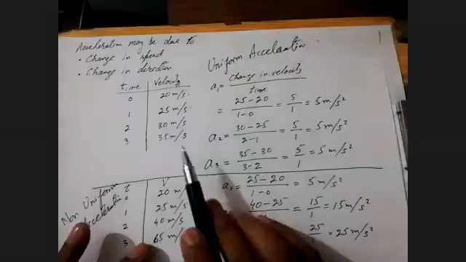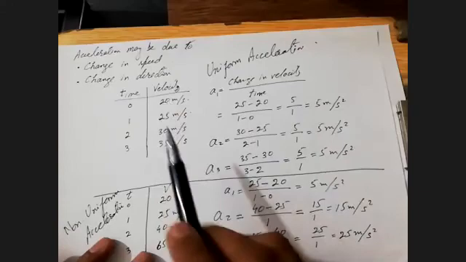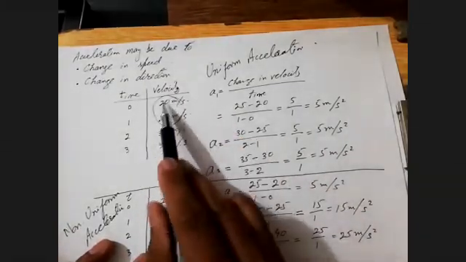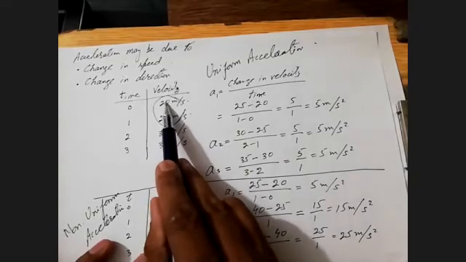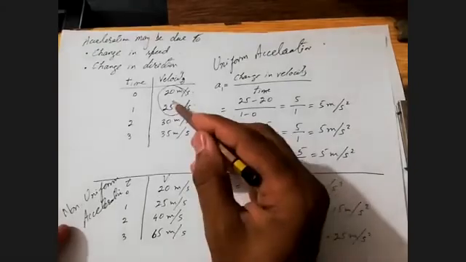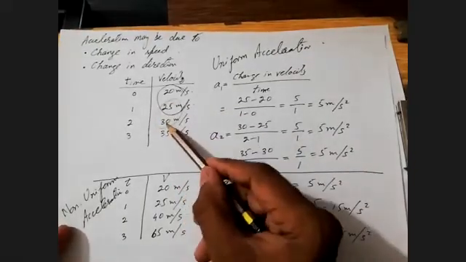Look here. Here also, this was the final velocity and this was the initial velocity. If I'm taking this interval, for this interval this is the final velocity and this is the initial velocity. If I am considering this other interval, for this interval this is the final and this is the initial.